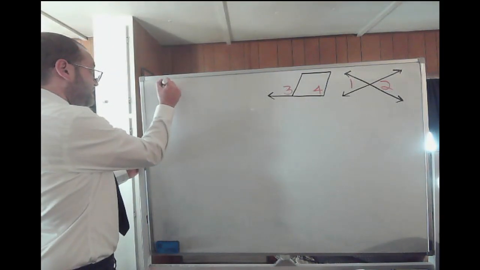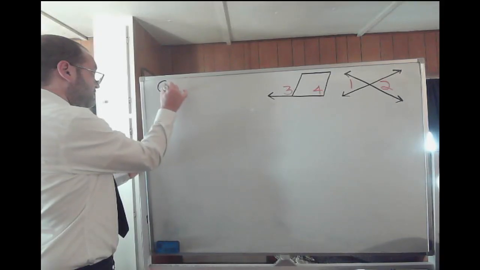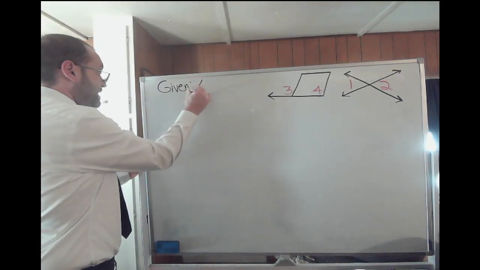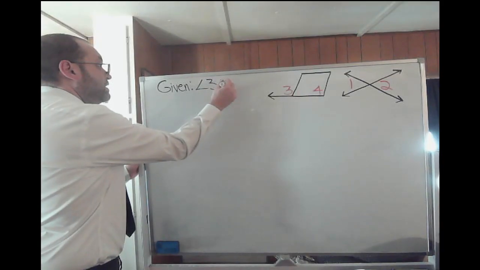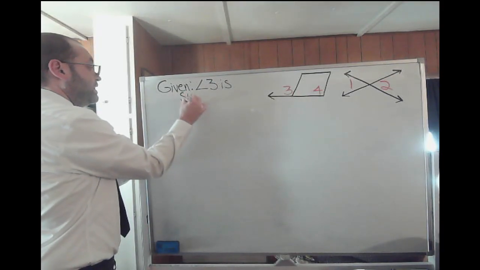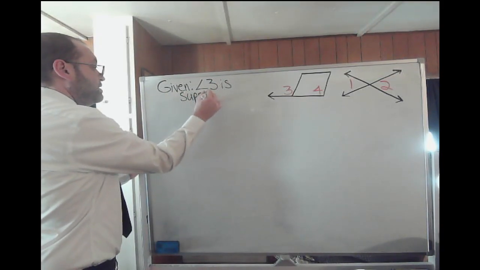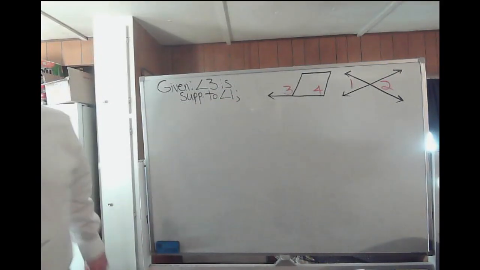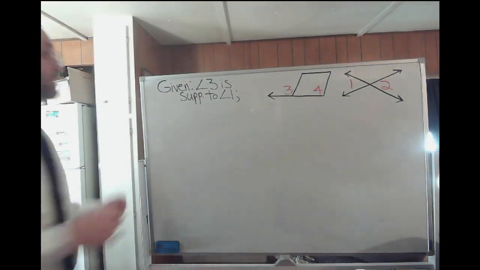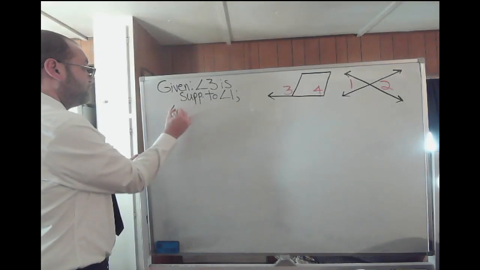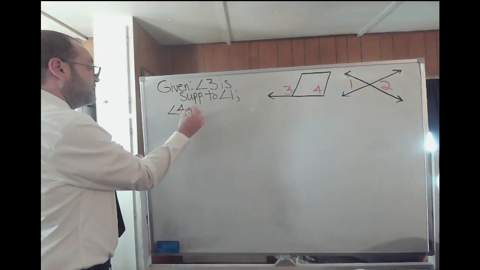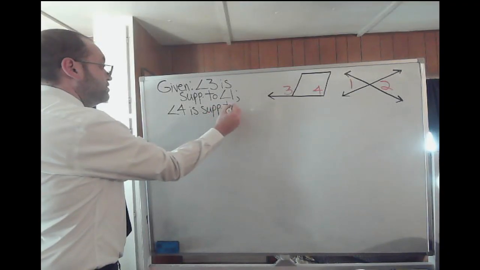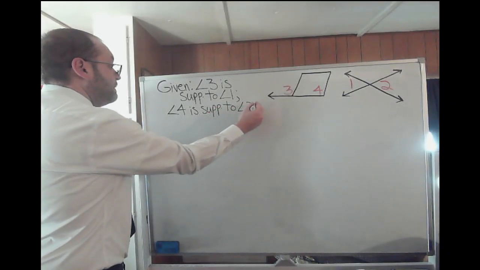What we're given is that angle 3 is supplementary to angle 1, and then we're also given angle 4 is supplementary to angle 2.